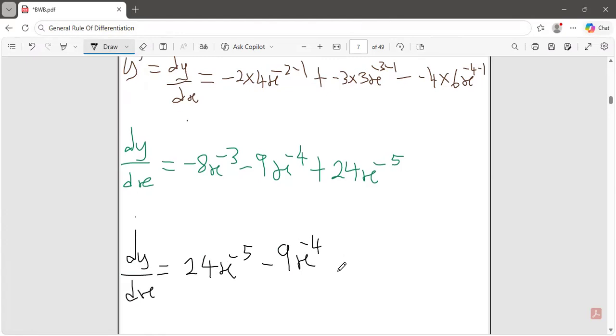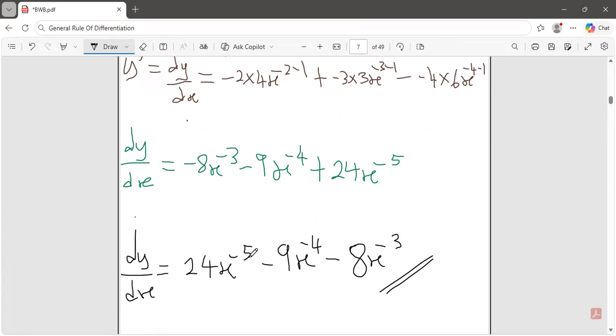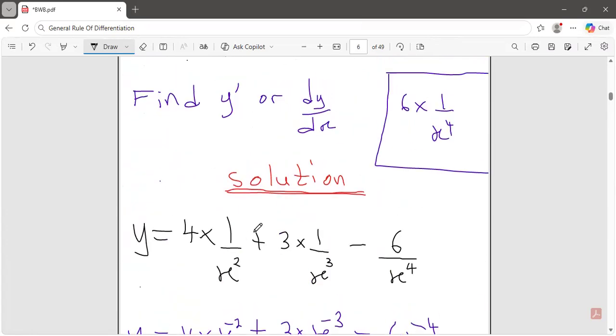Negative 4. Okay, good. Minus 8x exponent negative 3. And then you are good to go. So this is our final answer. This is the final answer that we had.